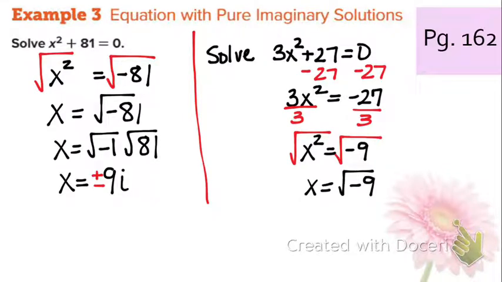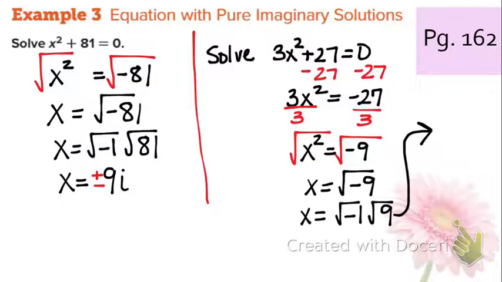So you have a negative under a square root. So what do you do when there's a negative under the square root? You have to take it out. So the square root of -1 is i.